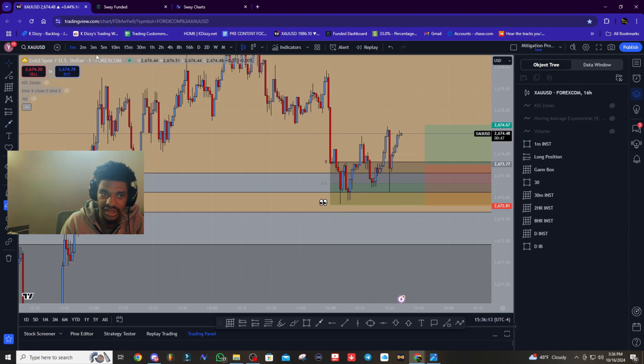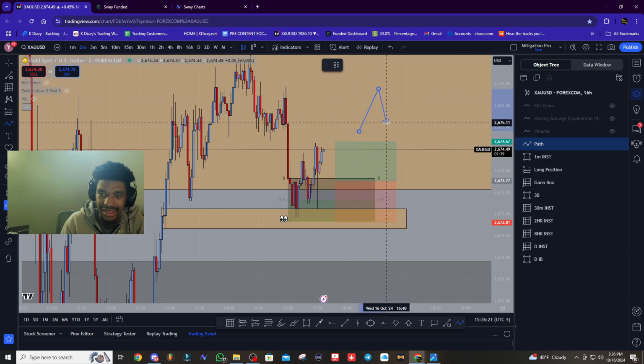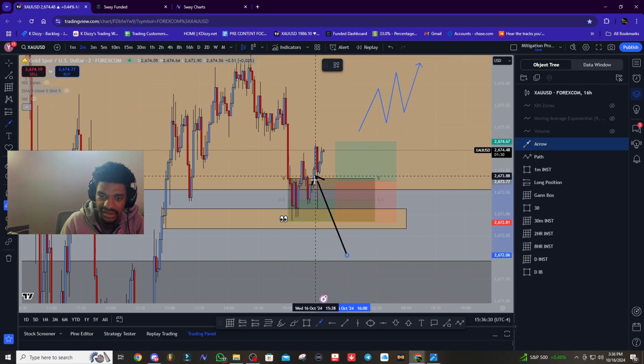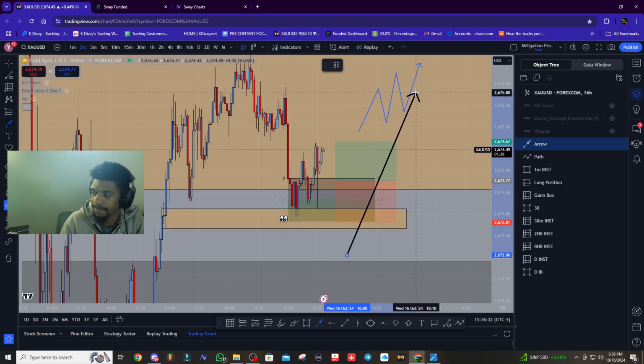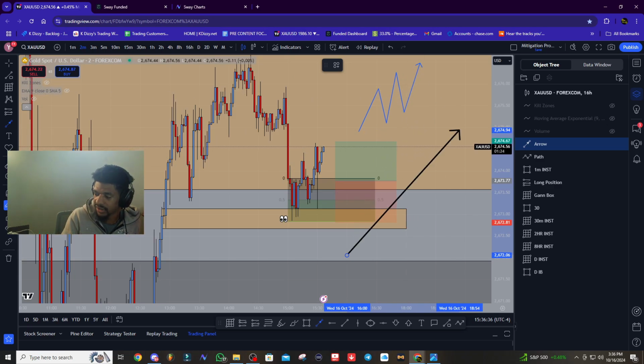You know what I mean? It started having like a little stair effect, like this effect right here. Low, high, higher low, higher high, higher low, higher high. Do you guys not see that? I'm telling you, the market only moves 3 ways, and this is going to be taught in the next module, which is market structure.